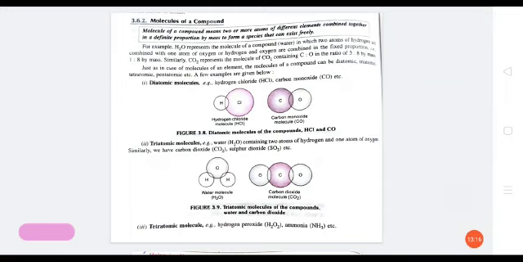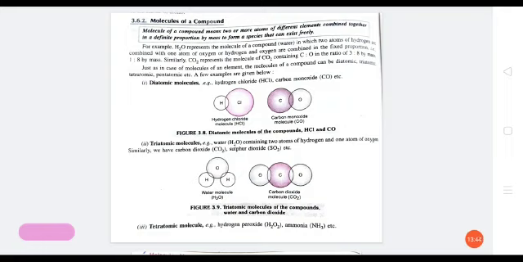Next is molecules of a compound, meaning different species combine together to form molecules of a compound. First one is the diatomic molecule, HCl: one atom of hydrogen and one atom of chlorine combine to form a diatomic molecule of a compound. Second one is triatomic molecules.